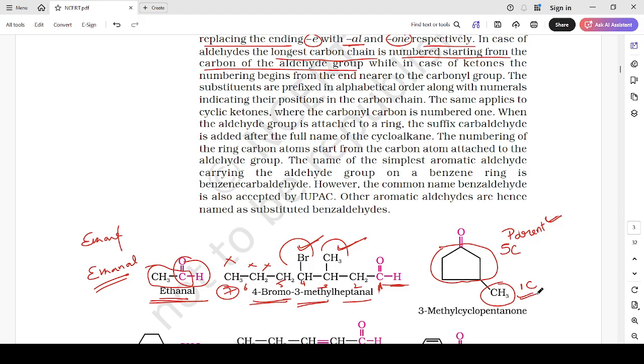I regard this as a substituent. There are two things: I am having a CO group here and a CH3 group here. Obviously, which should be given priority? This one. 1, 2, 3. 3 methyl cyclopentane it is, but it is a ketone. So I remove the E, I put one: pentanone.